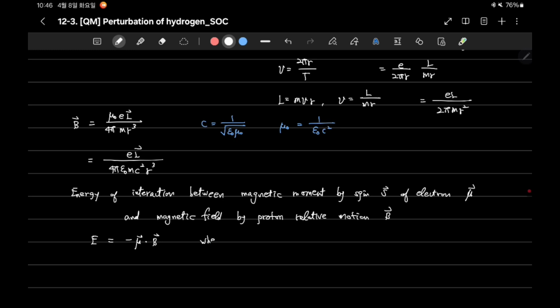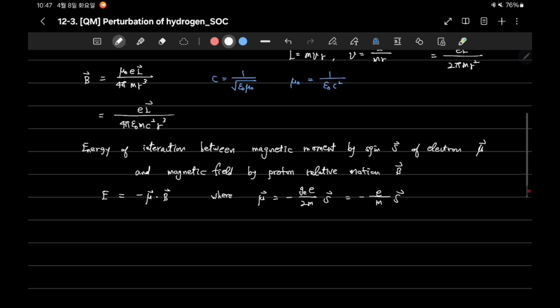Here the magnetic moment can be written as minus g e S over 2m, but for the electron the gyromagnetic ratio is 2, so it is minus e over m S. This energy is the spin-orbit interaction energy.